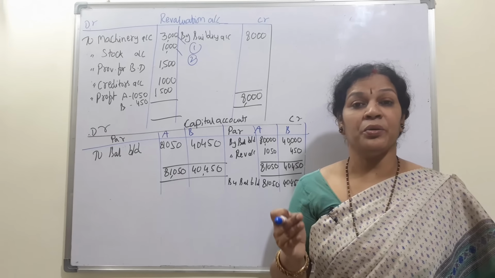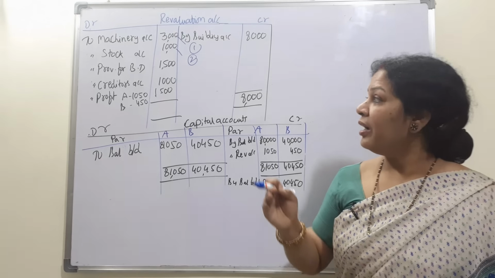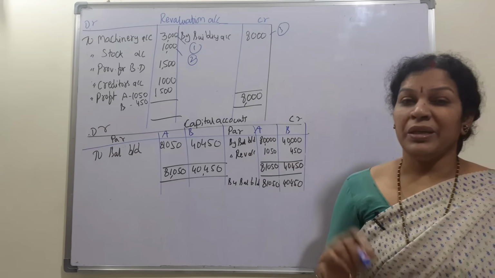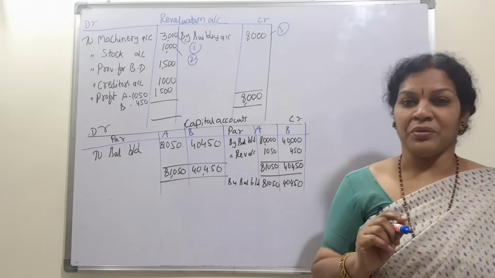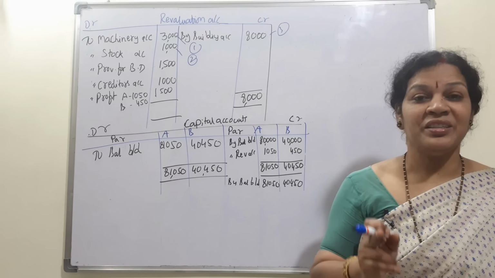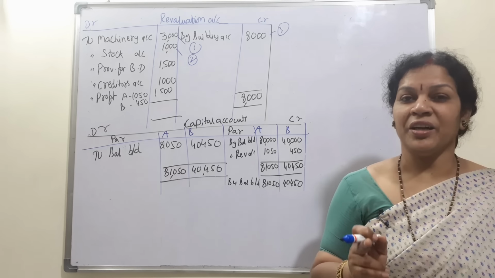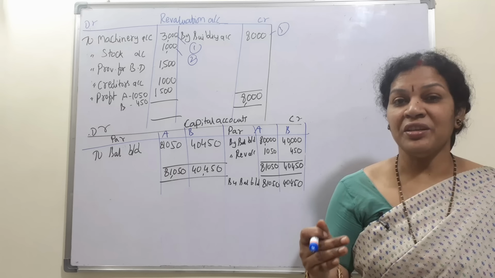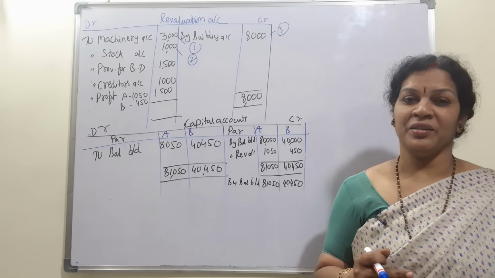And the third one, building is on the credit side of revaluation account. Revaluation is credit side, so building is debit side. So the entry is building account attached to revaluation account. Being appreciation in building.